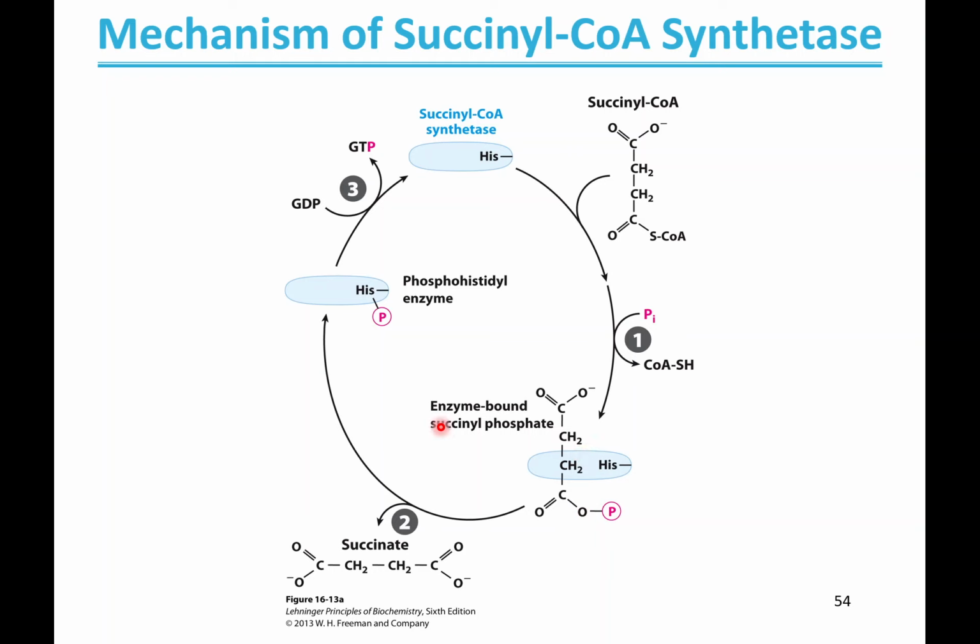Then that is transferred to a histidine residue, okay? And succinate leaves, and then that phosphate that's on histidine can be placed on a GDP to make GTP. So this is kind of just like a three-step process of moving an inorganic phosphate around.